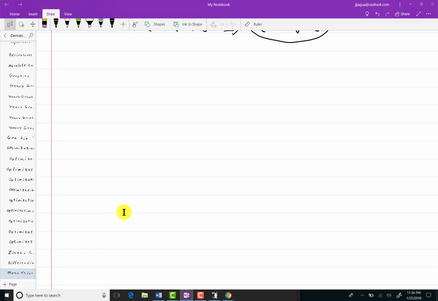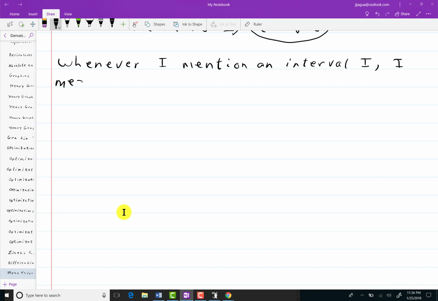Now before I do the rest of this, let me write this down. Whenever I mention an interval I, but don't specifically say what kind of an interval it is, I mean that I is going to be something like (a,b), or [a,b), or (a,b], or [a,b] closed.